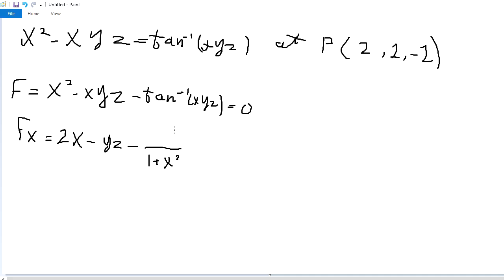The tan inverse of x, for example, is 1 over 1 plus x squared, but here you have x times y times z.